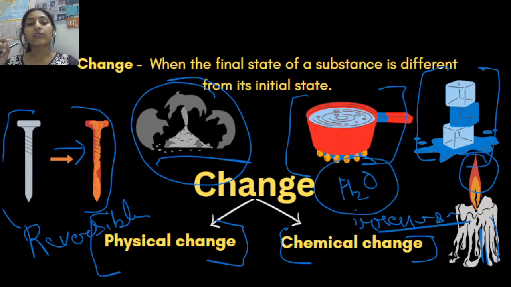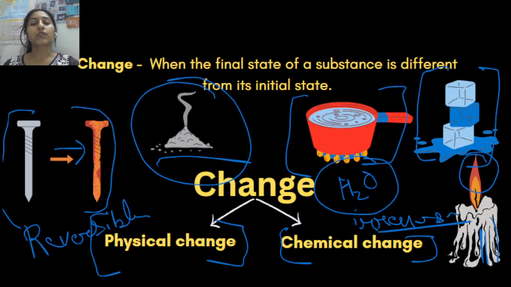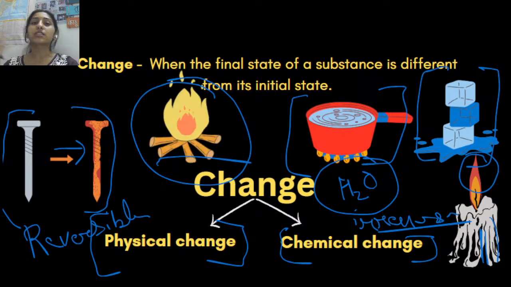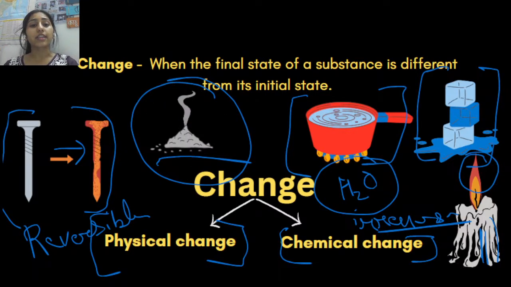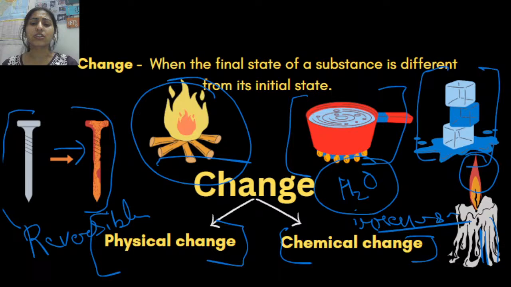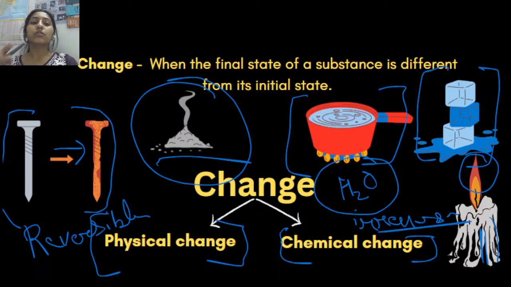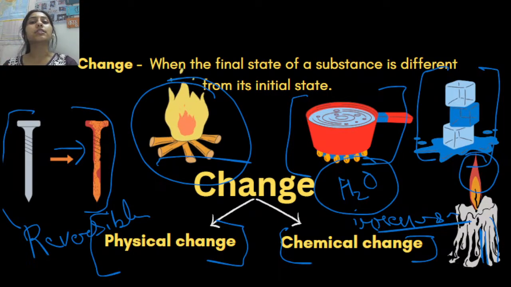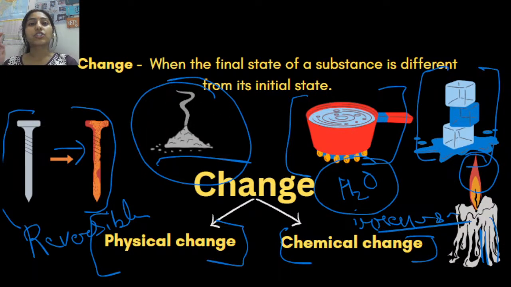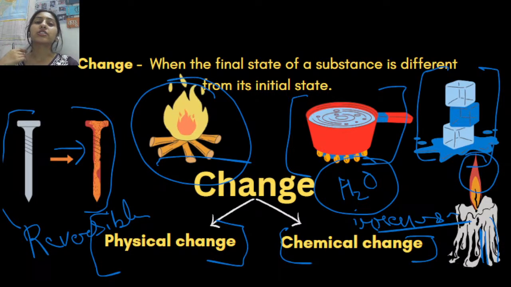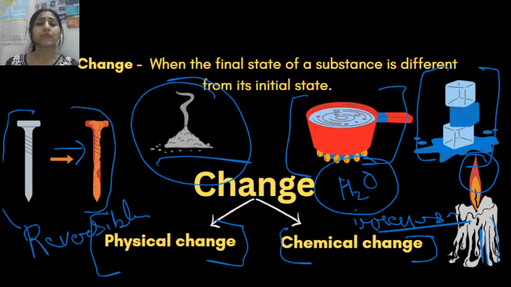Because of the moisture present over the surface of iron and oxygen present in the atmosphere, certain chemical reactions take place that we usually regard as oxidation. We are also going to discuss these reactions further in this chapter. These reactions take place at the surface of iron, changing the chemical properties and resulting in the formation of iron oxides, and hence a change in the color of the iron nail. Right? So these are chemical changes.